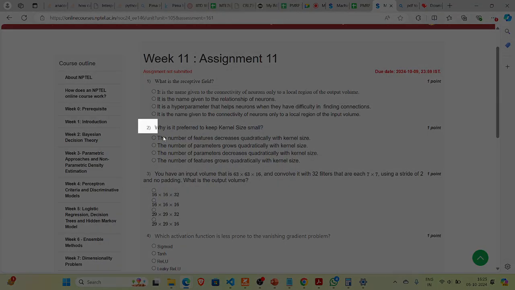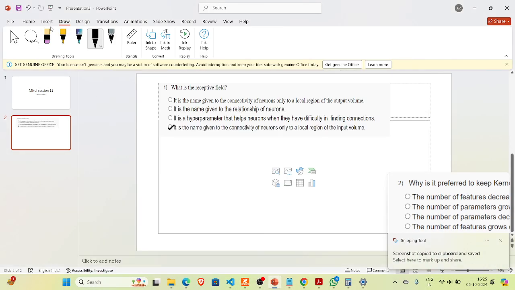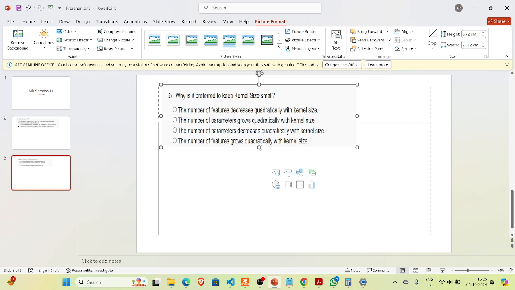If the kernel size is kept bigger, you must understand that it is getting closer and closer to the fully connected network, because connections have been made to each and every pixel.